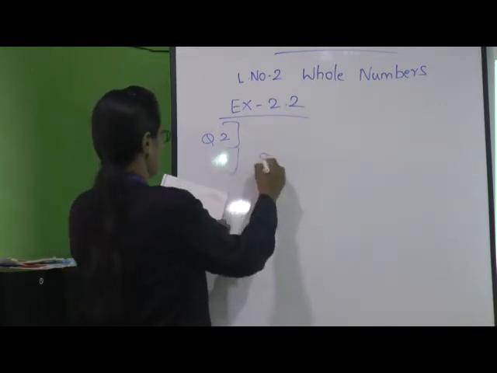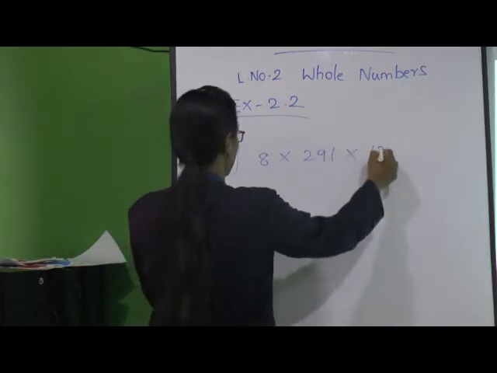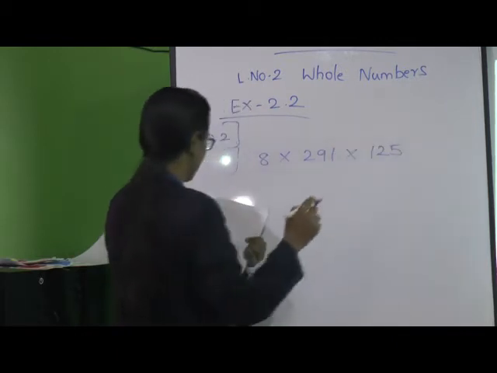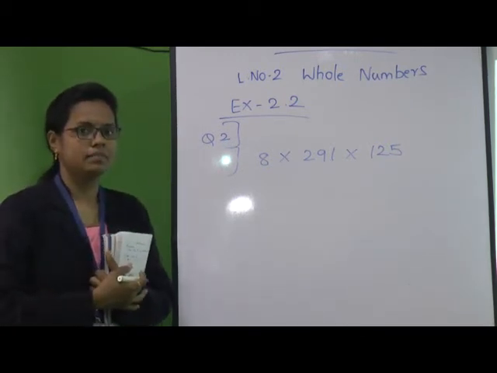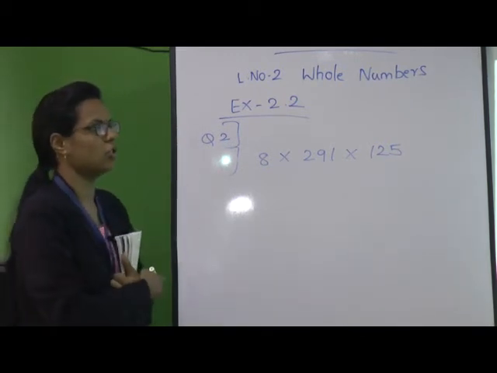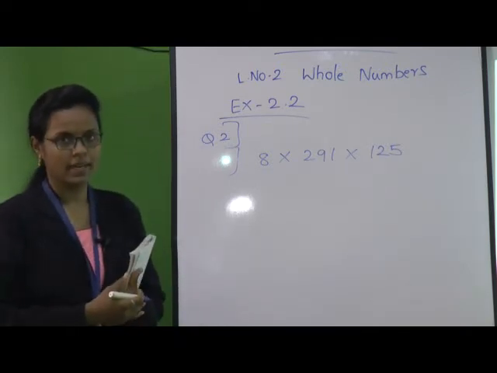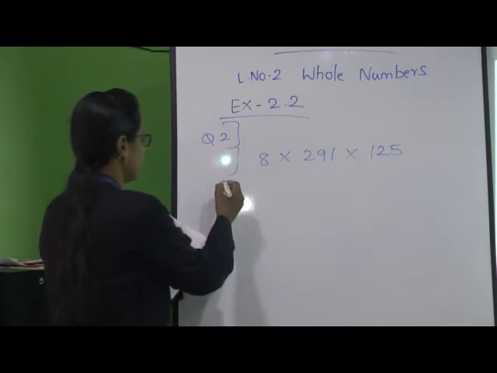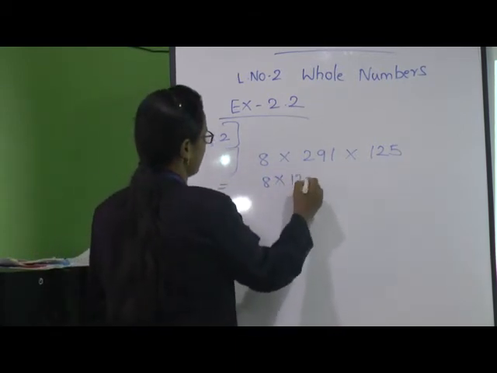C1, 8 into 291 multiplied by 125. Okay. Now which numbers do we multiply here? Those are different numbers. Tell me. Yes. Okay. Let me solve. See here. 8 multiplied by 125 and the remaining number 291.